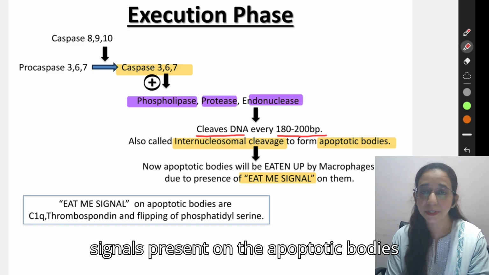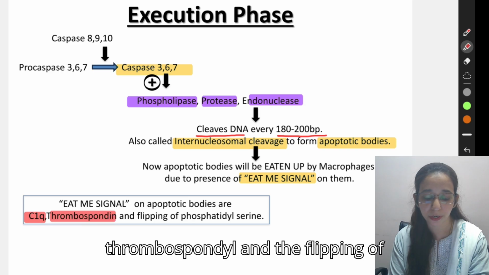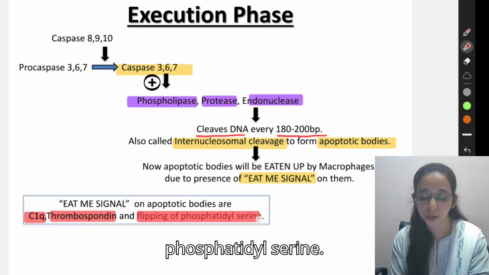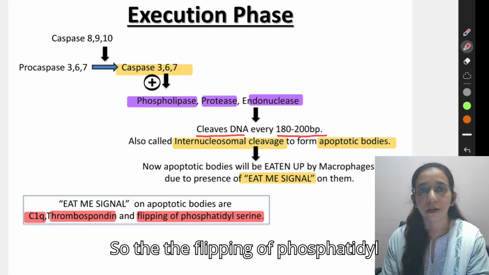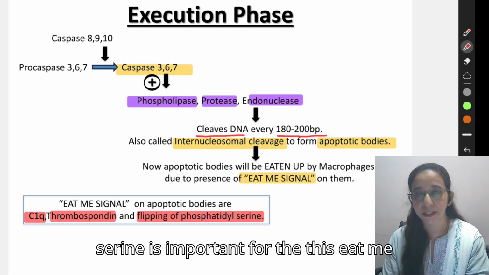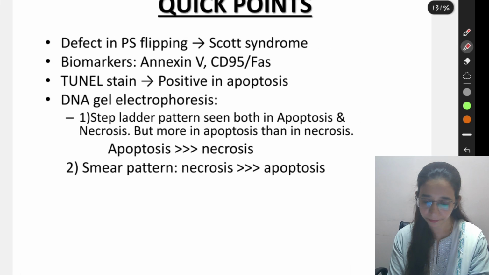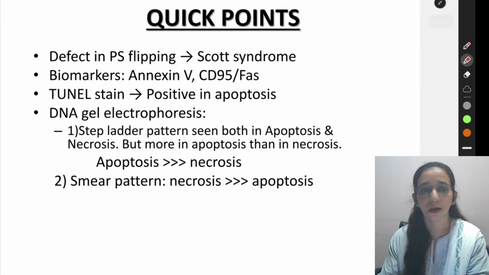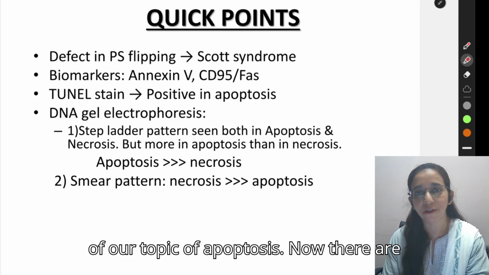The eat me signals present on the apoptotic bodies are C1q, thrombospondin and the flipping of phosphatidylserine. So the flipping of phosphatidylserine is important as the eat me signal for macrophages. This leads to the completion of our topic of apoptosis.